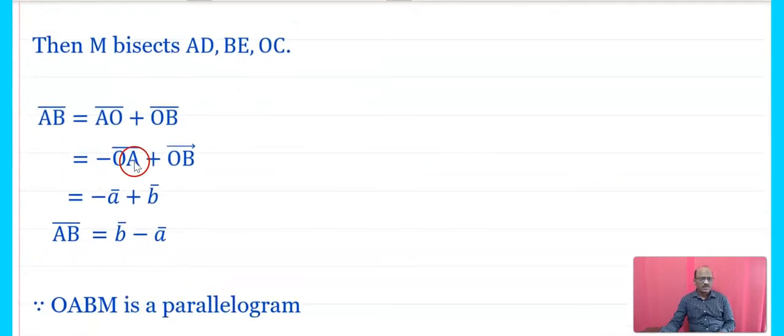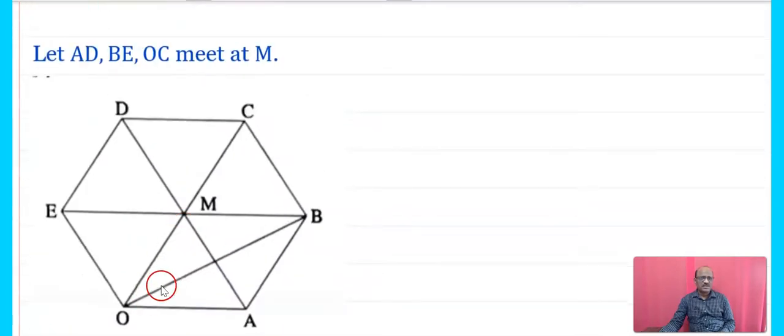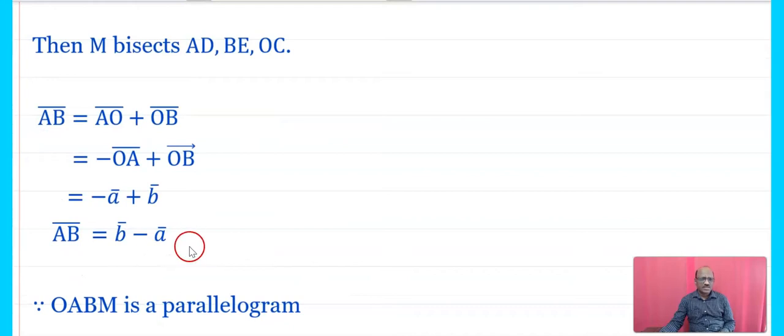OA bar is equal to a bar, so AO bar is minus a bar, and OB bar is equal to b bar, and therefore AB bar is equal to b bar minus a bar. See this here, AB bar is equal to b bar minus a bar. It's clear.